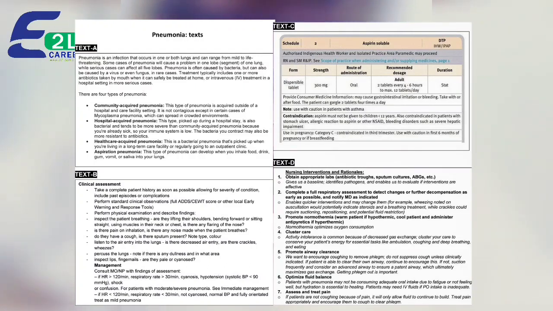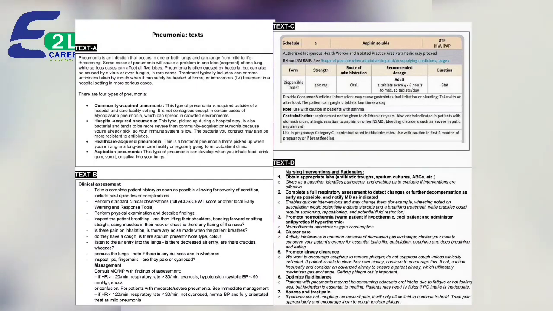In text C, you can see they are talking about medications. Now we'll read what they are telling us about medication, how we need to give it, whether orally or intravenously, and we'll also go through the doses, indications and contraindications.